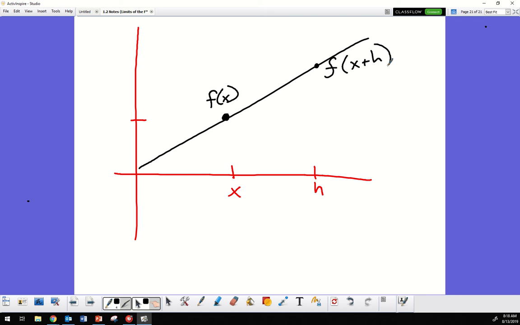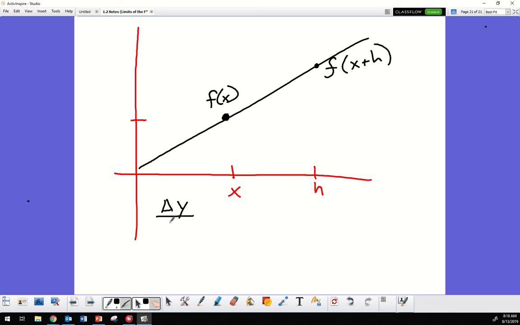Now, if I want to find the slope of this, I do the slope formula. I'm going to speak Mathanese for a second, then I'm going to translate it. It would be the change in y over the change in x, symbolically delta y over delta x.